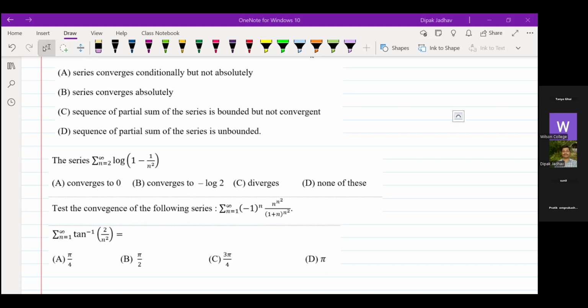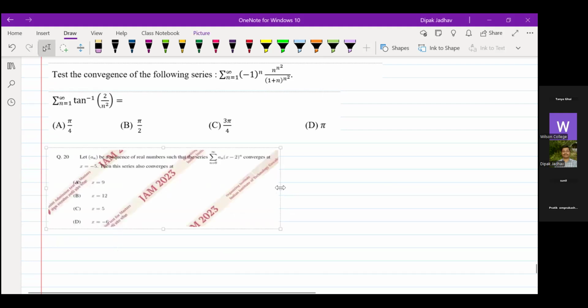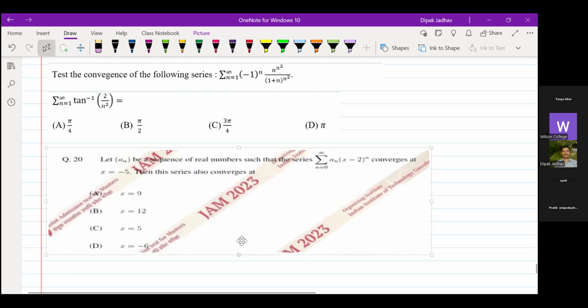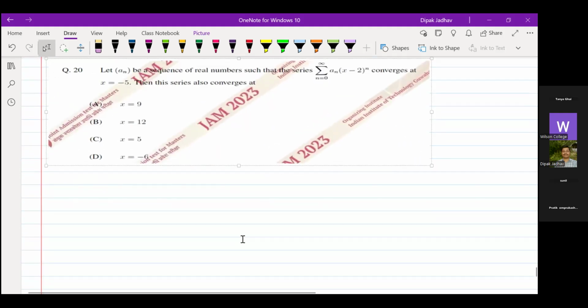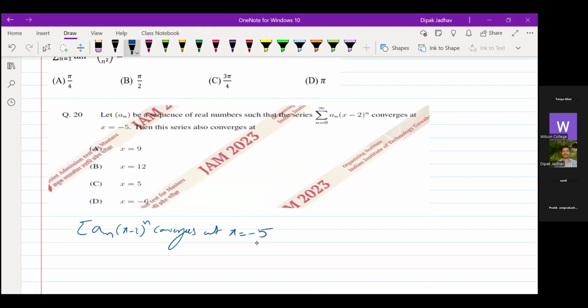See, based on power series, is the question visible? Let an be a sequence of real numbers such that summation an into x minus 2 raised to n converges at x equal to minus 5.